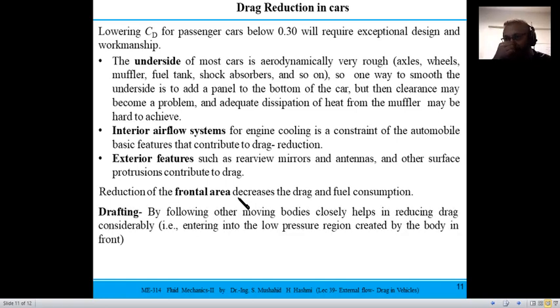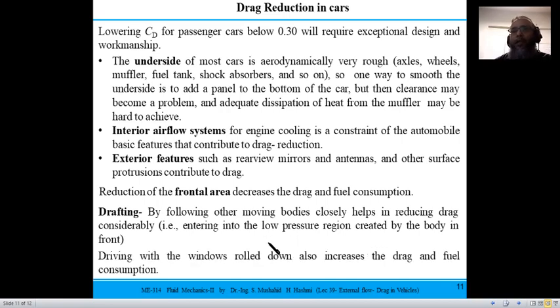We already have seen that drafting helps in reducing the drag because you are following a vehicle and you come into the low pressure region, so the pressure distribution over your vehicle changes, which reduces the drag and eventually helps in fuel consumption.